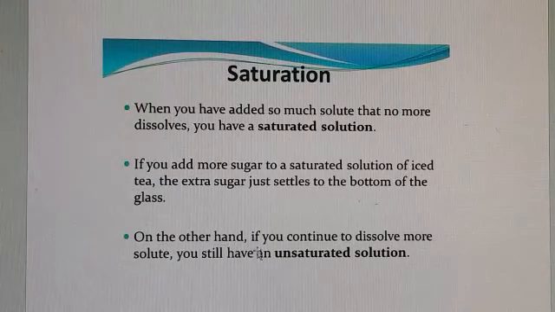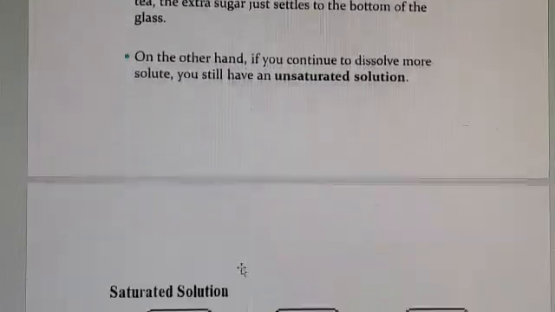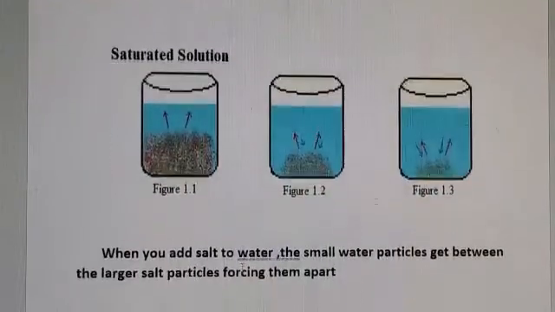On the other hand, if you continue to dissolve more solute, you still have an unsaturated solution. It means if you add more and more of sugar or any kind of substance, that forms an unsaturated solution. Look at the picture.